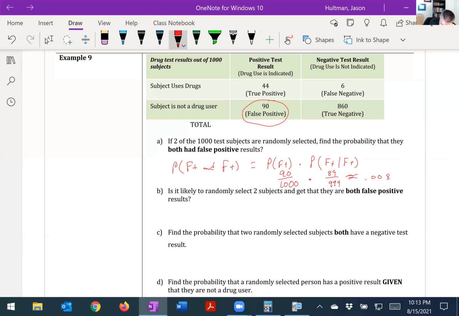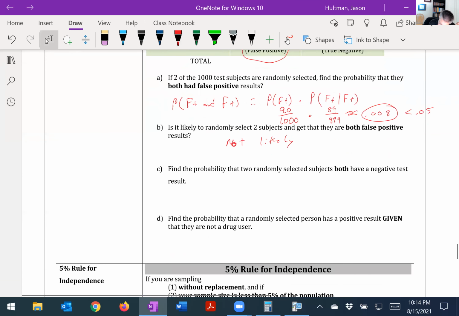Is it likely to randomly select 2 subjects and get that they are both false positive results? Is this result likely? No, not likely. It's less than 0.05, so it's not likely.